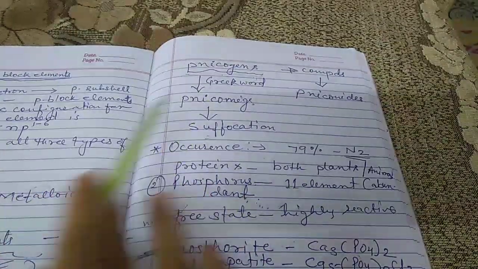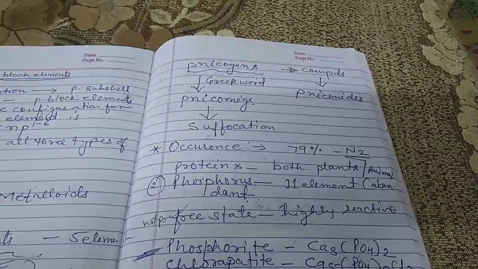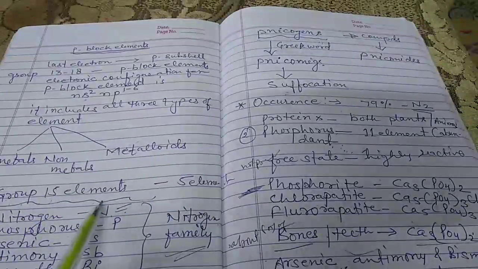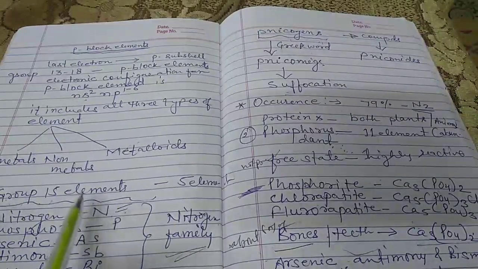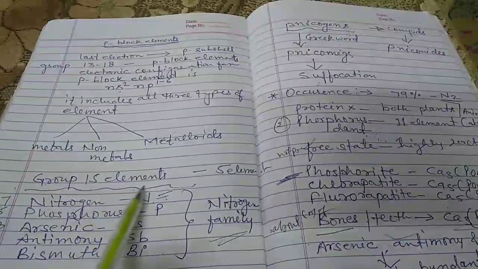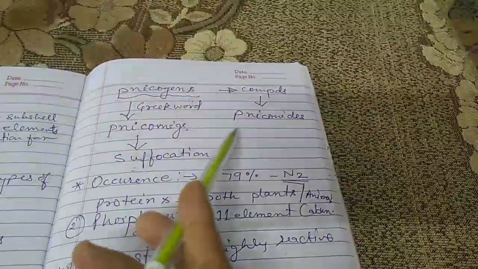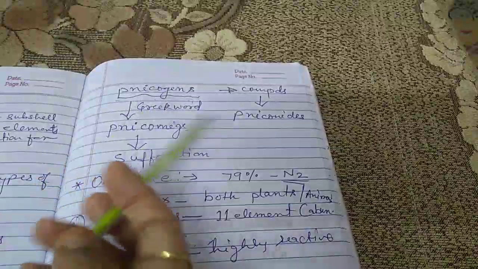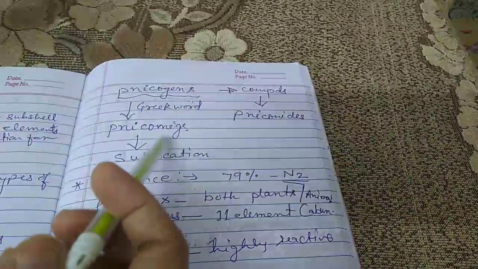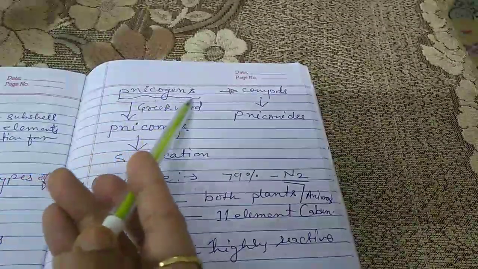And if we are talking about the electronic configuration, the electronic configuration of the group 15 elements is ns2 np3, ns2 np3. The elements belonging to the nitrogen family, or the group 15 elements, are known as pnicogens.